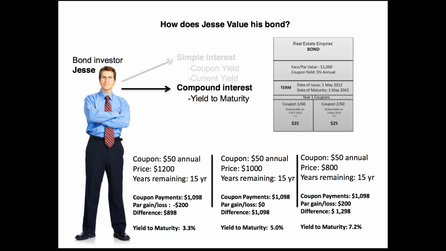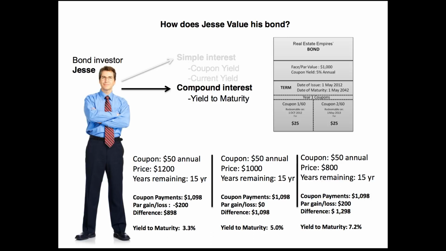So under the compound interest, let's look at the yield to maturity. Now, as we talked earlier, when we were talking about the current yield, we weren't accounting for the difference between what somebody would pay for a bond and what the bond would be redeemed for when it reaches its term and the face value is paid back to the investor.